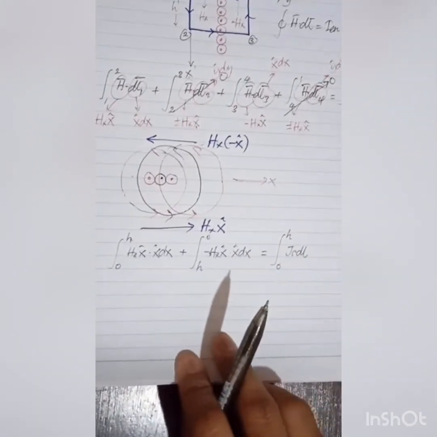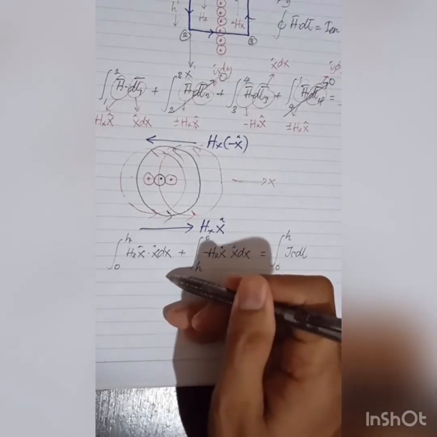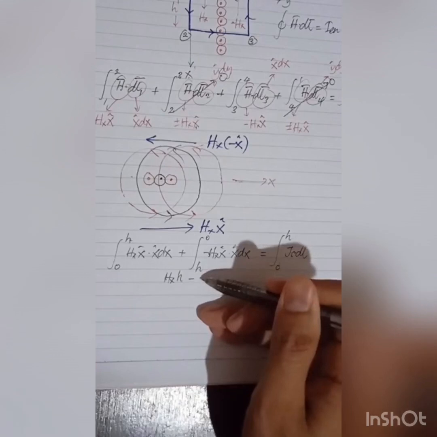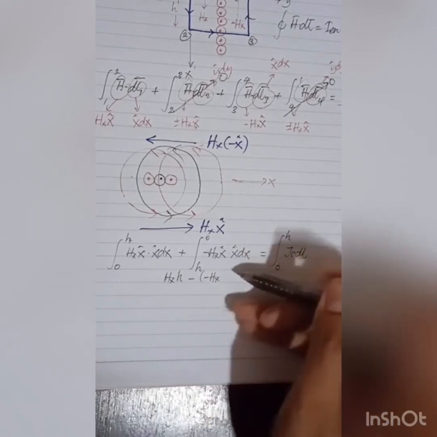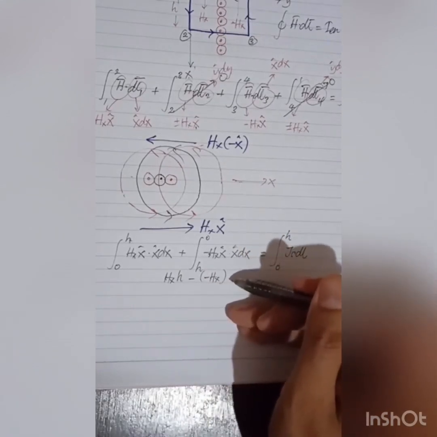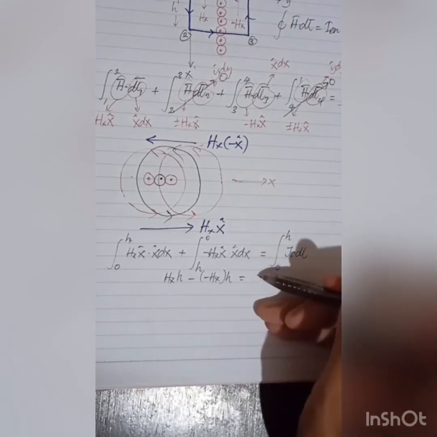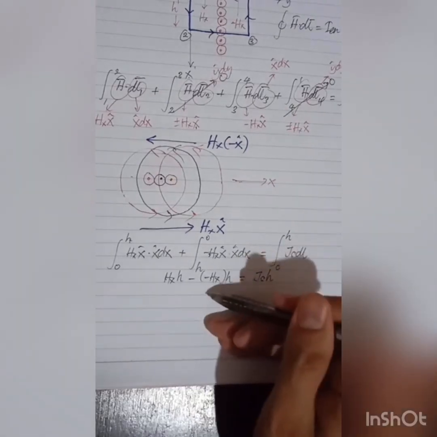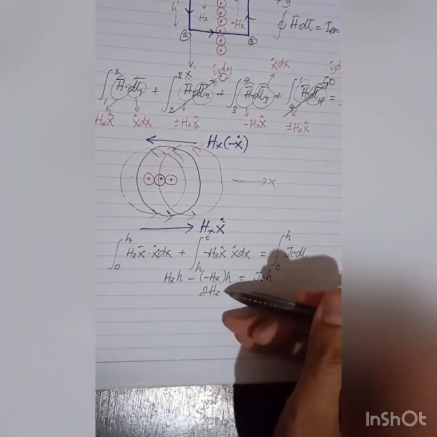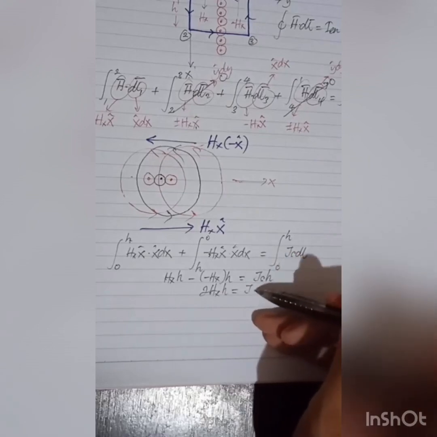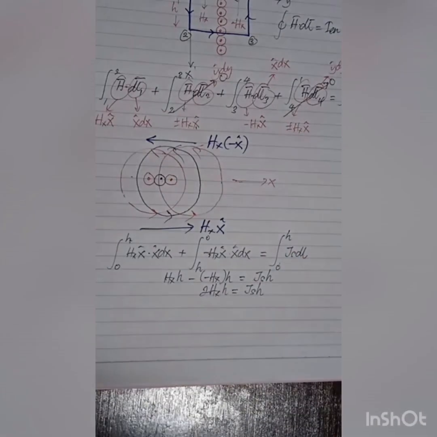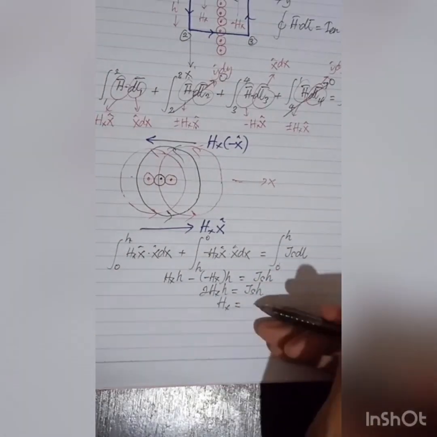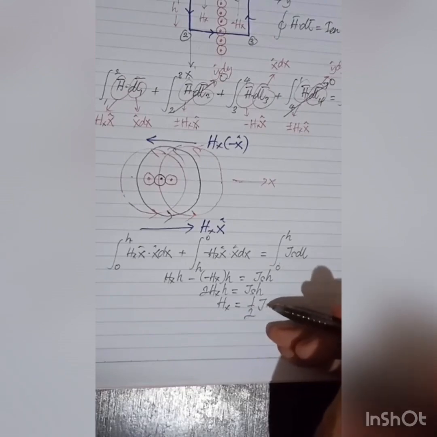If you proceed to solve the equation, we find Hx s h minus Hx s times negative h equal to Js s h. So let's simplify. We have here 2Hx s equal to Js s h. So now we can simplify the equation, becoming the H in x component becomes 1 over 2 Js.